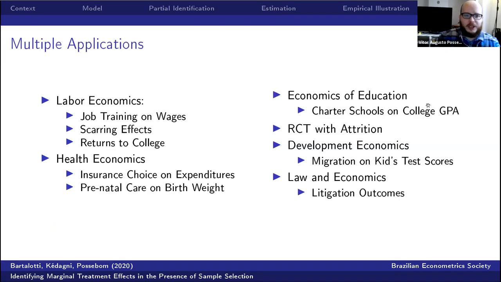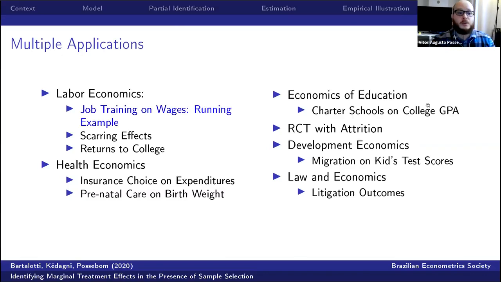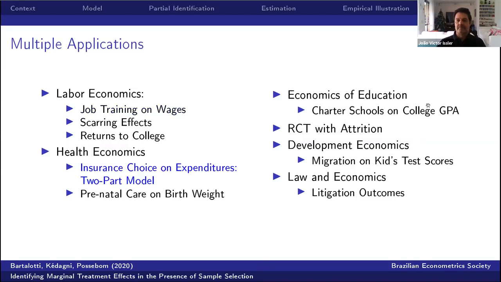And our theoretical framework matches multiple applications across economics. And today, we will focus mostly on our running example. So let's say that we are trying to estimate the effect of a job training program on wages. If time permits, and I don't think it will permit, I will also talk about my empirical illustration, where we analyze the impact of insurance choice on health expenditures.